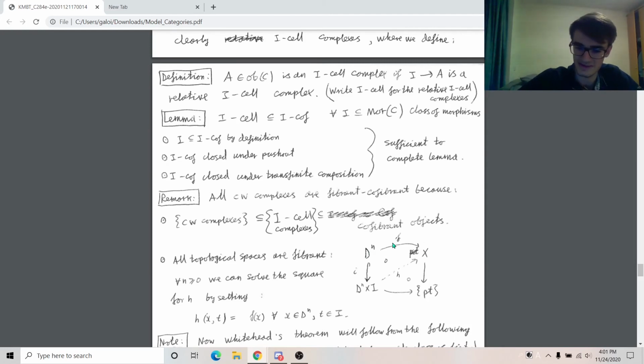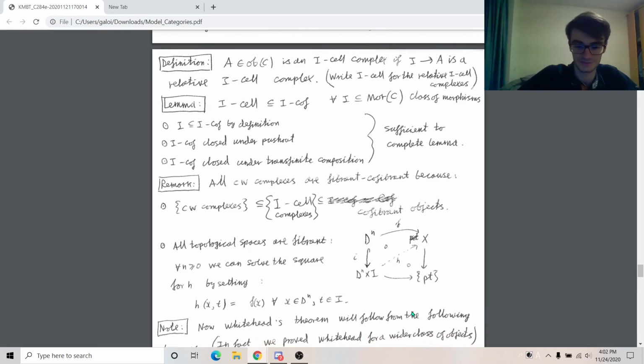If the map on the top is f, you just set H to send (x, t) to f of x. So it's the constant map. H is the extension of f to all time constantly. And this will be a solution of this diagram, and it always works. So in particular, all CW complexes are fibrant and cofibrant, which was one of the things we needed to prove.